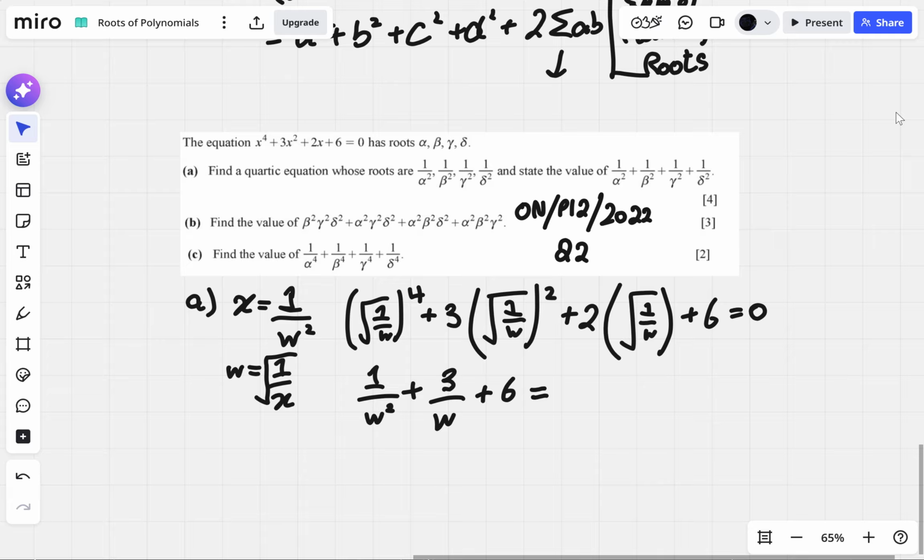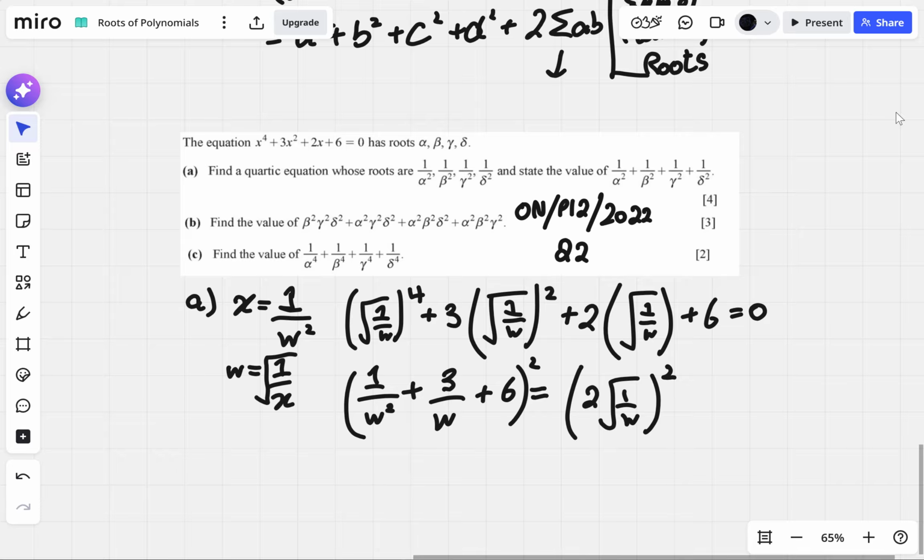So we can take it to the other side, and this is just going to be this, and then 2 times 1 over w square rooted and this. So we can square both sides of the equation to get rid of the square roots, because we need an equation without square roots.